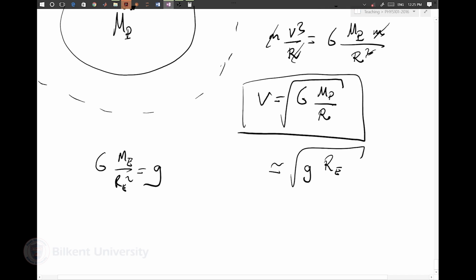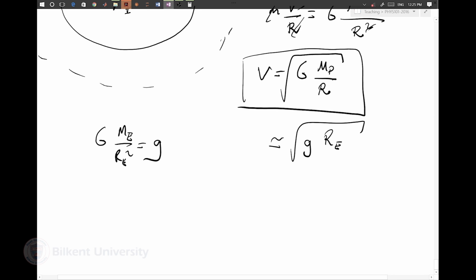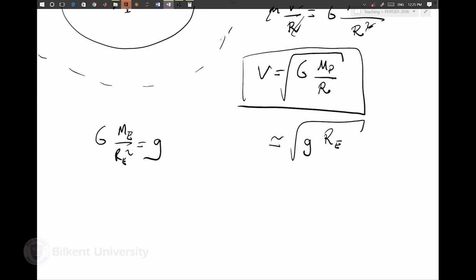So what are the typical speeds of satellites and space stations if they are not very far away from Earth's surface, so-called low orbit satellites? Well, g is around 10 meters per second squared. Our Earth radius is 10 to the 6 meters.